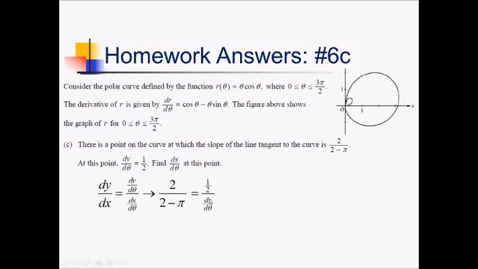Now I just have to solve for dx/dθ. I'm going to cross multiply here. So I've got 2 dx/dθ on the left side. And on the right side, I've just got all of this stuff times 1/2. So we'll just write (2 minus π)/2. And now just dividing both sides by 2 to isolate dx/dθ, we have (2 minus π)/4. And that's going to be good enough to call it an answer.